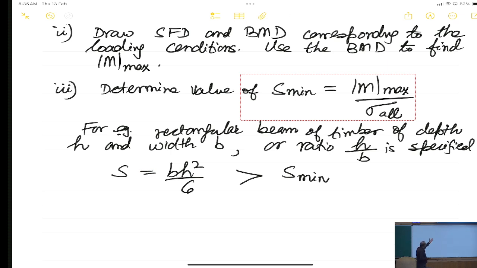So, we work out that the section modulus which we choose has to be able to take that load. And obviously, we choose the value which is just above the minimum value.